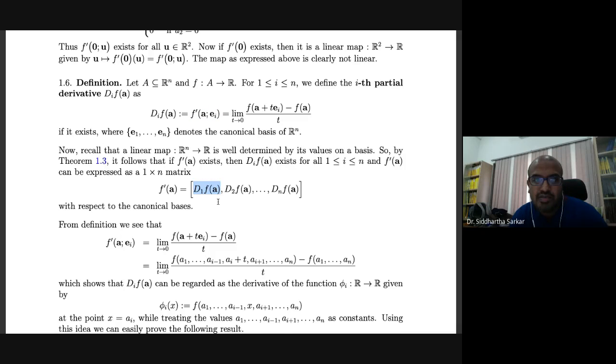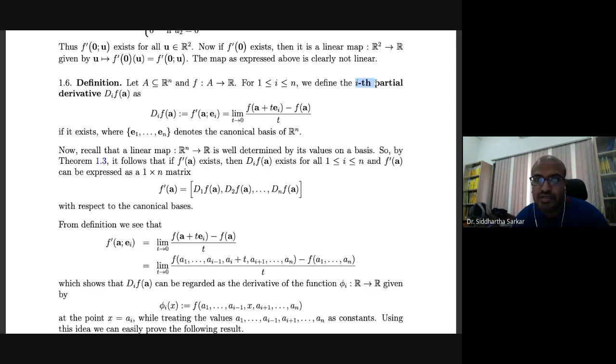Now you remember that f prime a, if I write it in terms of the coordinate axes, in the linear map, you take it to the matrix with respect to the canonical basis elements. What you end up getting are these real numbers. In this particular case, I'm looking at the derivative of a function from A to R, not A to Rm, by the way.